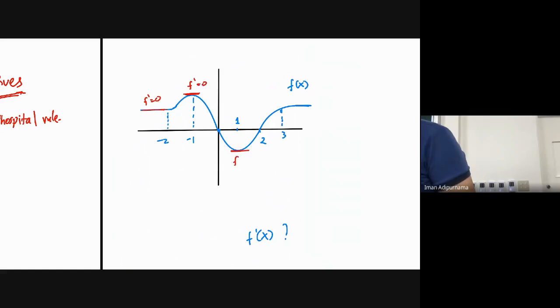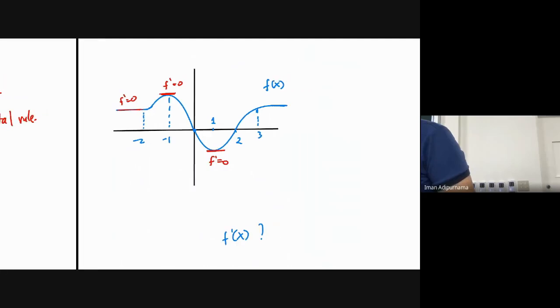And this also 0. And this is also 0. So based on these four key points where f prime is 0, when you draw the f prime of x, you will have all these 4 points at the 0 position.